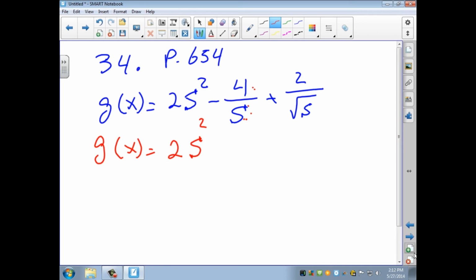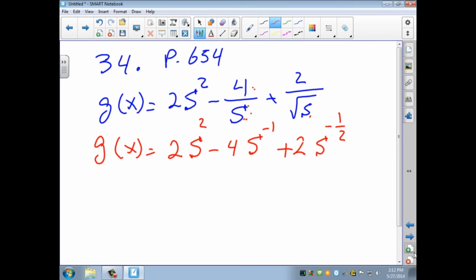The power here is 1, so it would be minus 4s to the minus 1 power. Plus, in the last one, square root of s is basically s to the 1/2 power. Instead of square root of s, I can say s to the 1/2 power. When I bring it up, it would become s to the minus 1/2 power. So it would become 2s to the minus 1/2 power.